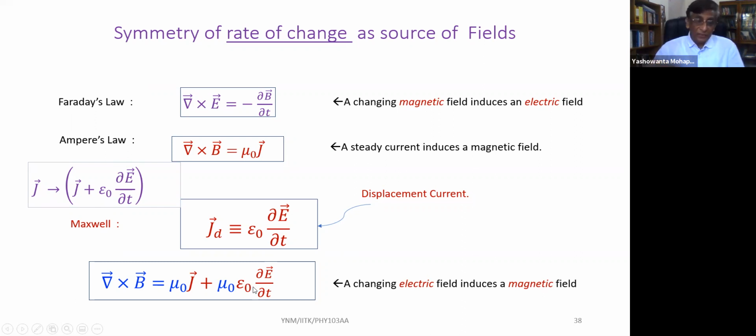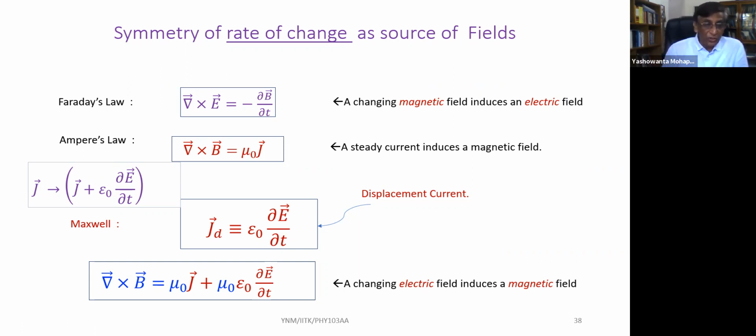And if that omega is very high, then when multiplied with epsilon naught, it could compete with J. Hence the contribution in most practical terms in the laboratory was difficult to detect, because there was no fast changing E, or the displacement current was very small, until electromagnetic waves became possible, where omega is very high.